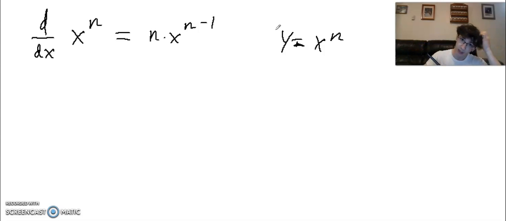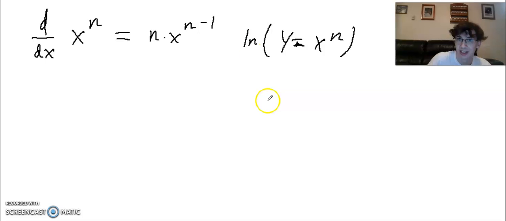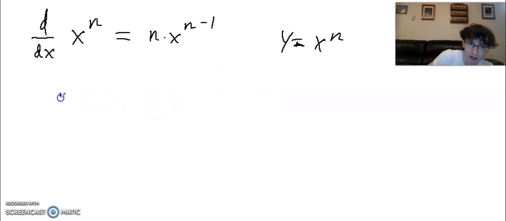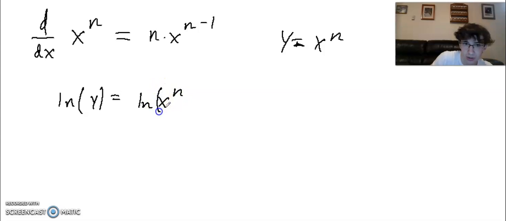So what we're going to do is logarithmic differentiation, which is just a lot of syllables for something fancy that's pretty simple. So first, let's take ln of both sides. If we do it to one side, then we can do it to the other. So ln of y equals ln of x to the n.